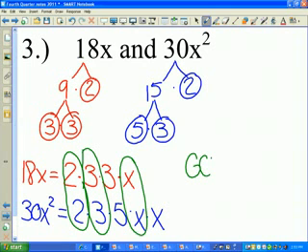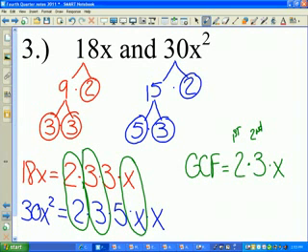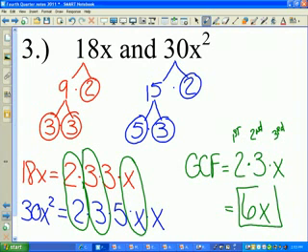So now my GCF: since I have my 2, which is from my first grouping, times my 3, which is from my second grouping, and times my x, which is in that third grouping. Okay? So now 2 times 3, last time I checked, is 6. And since I have 1x, I have 6x as my greatest common factor.